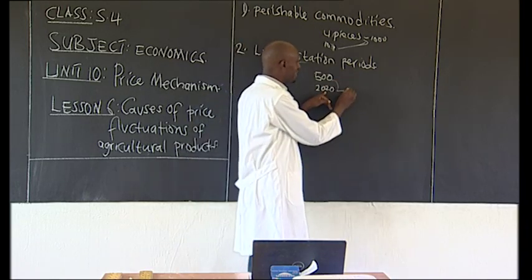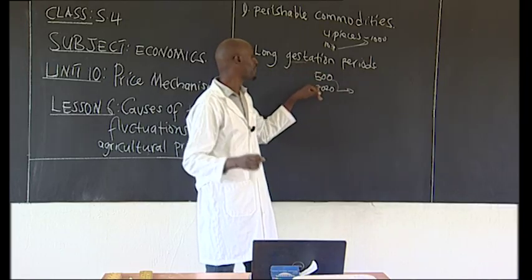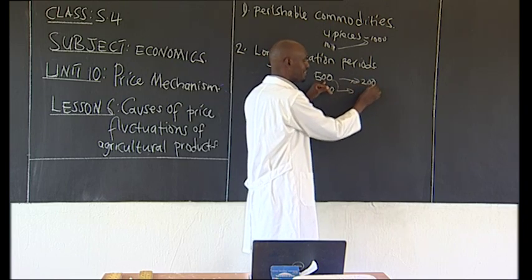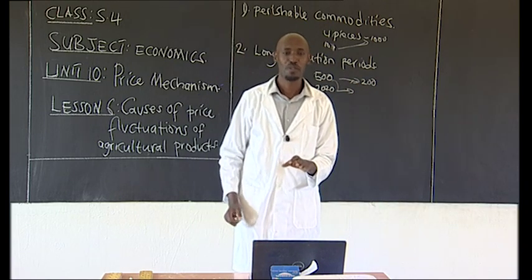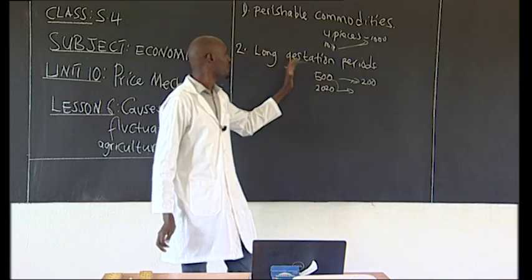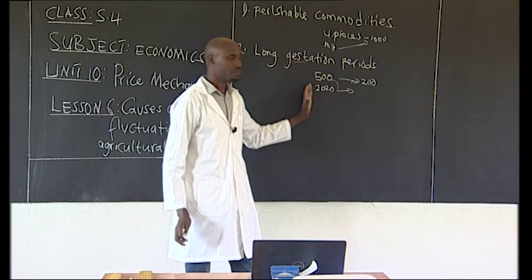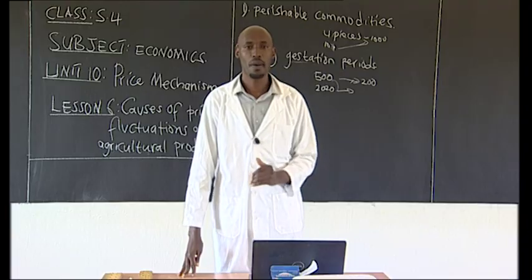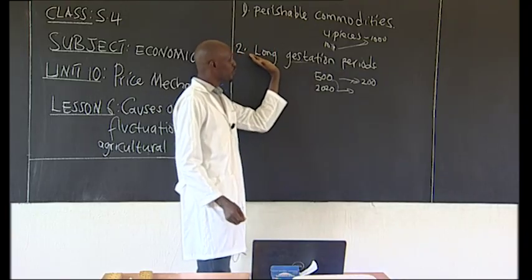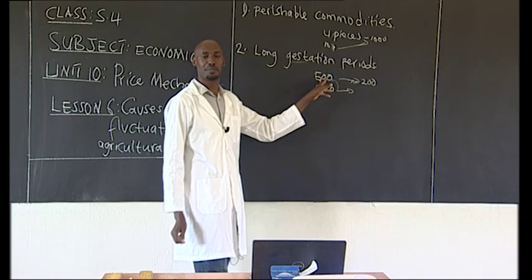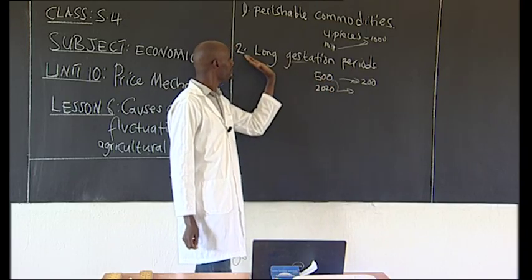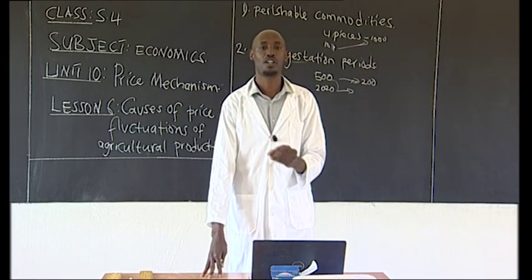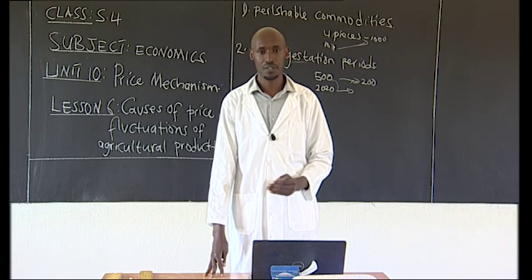But when the time of maturity for cassava reaches, you find that the price is 200 for cassava. So the problem is the long gestation period, because the crop takes time to mature. If it was short, then you could meet this market. So the problem remains that agricultural products have a long gestation period.